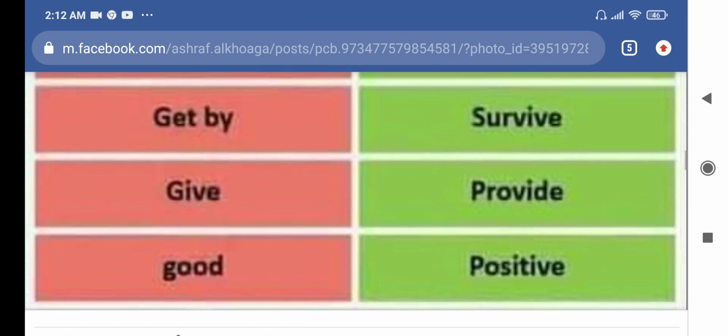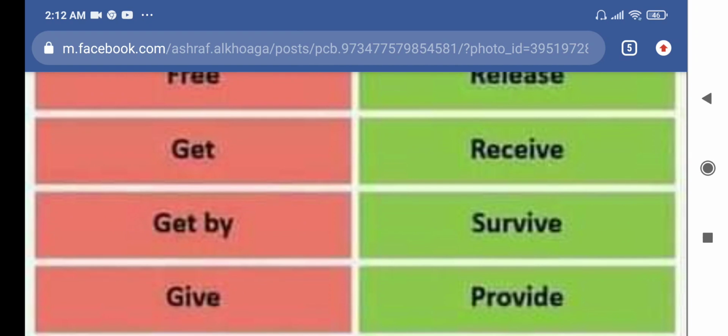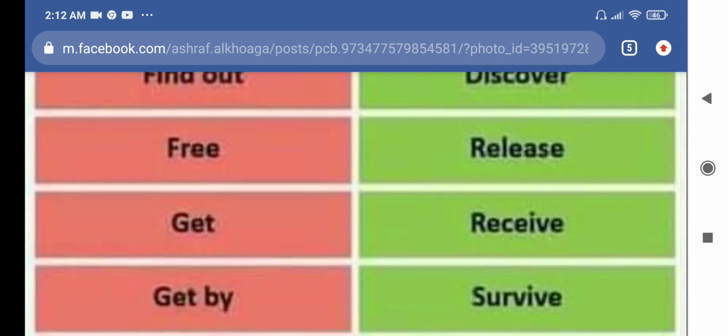So be careful while you use these words in your email or in your academic scripts, and practice these things at home.